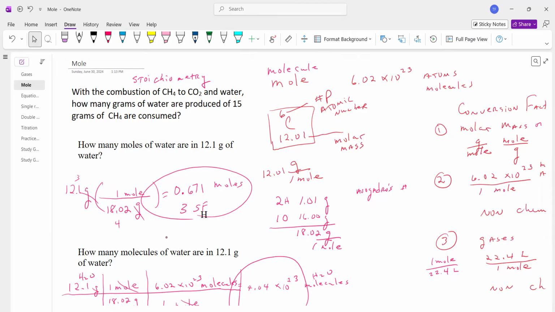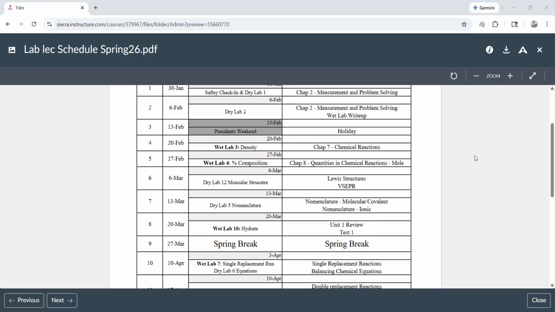Okay, so where do you get practice? Worksheets. Yes, worksheets. Where are the worksheets? Well, I'm looking at it right here.